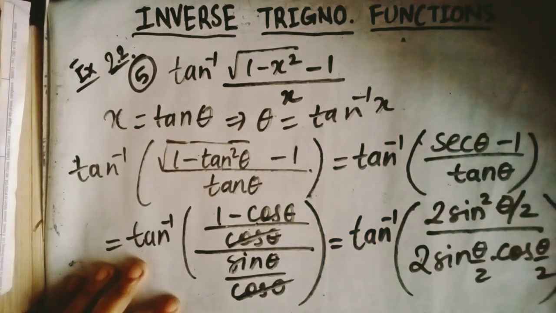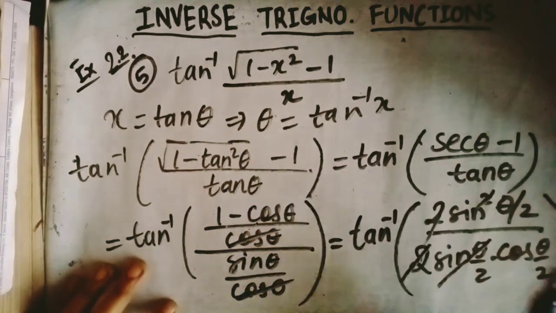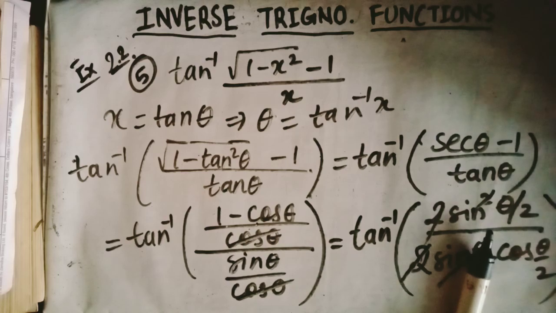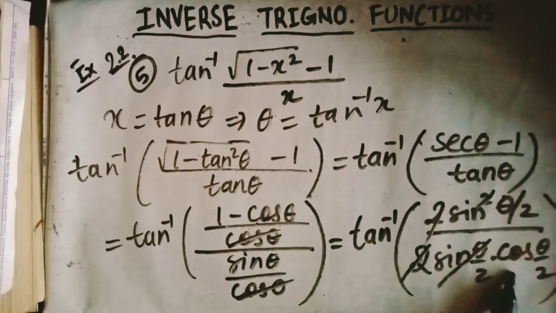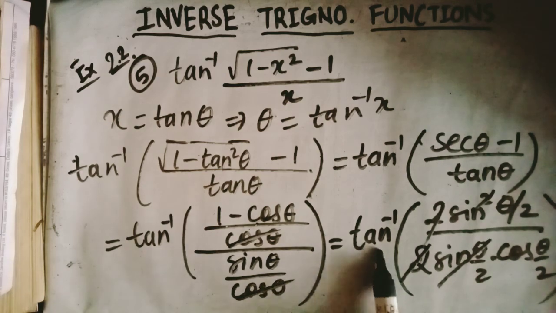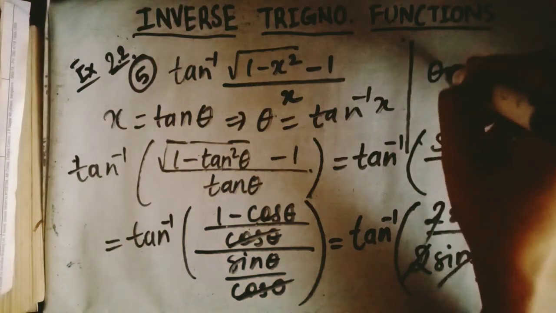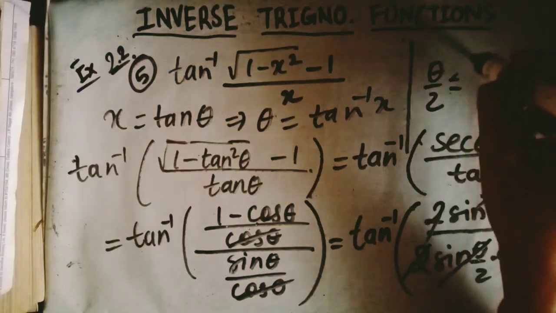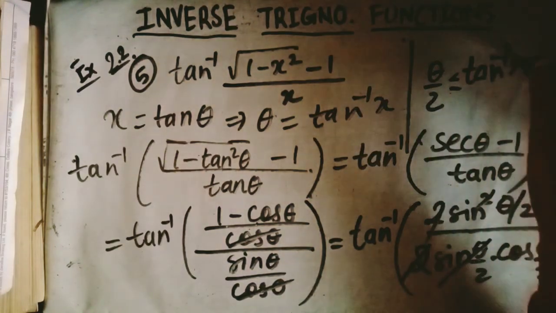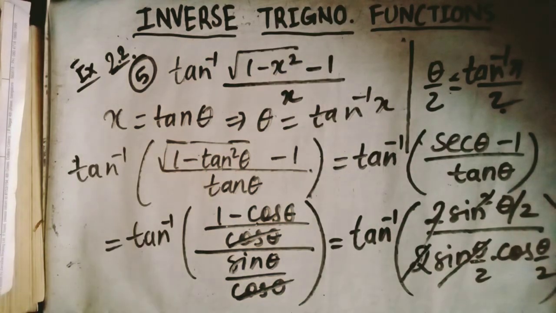These are the half angle formulas. So 2 gets cancelled, sin theta by 2 remains upon cos theta by 2, which is tan theta by 2. So tan inverse tan theta by 2, you will get theta by 2, and theta is tan inverse of x, so tan inverse of x by 2 is the answer. That is the simplest form.